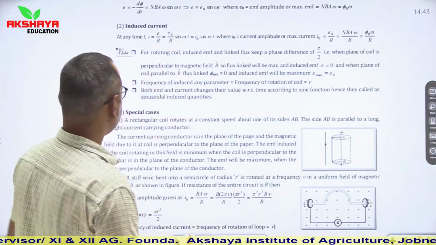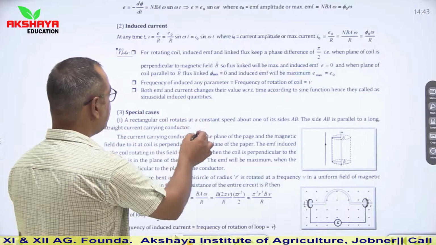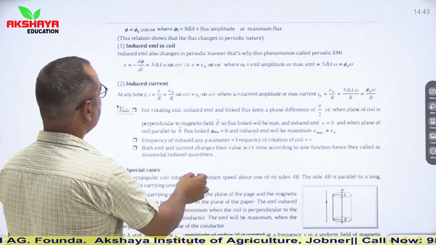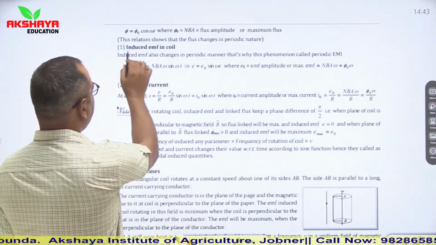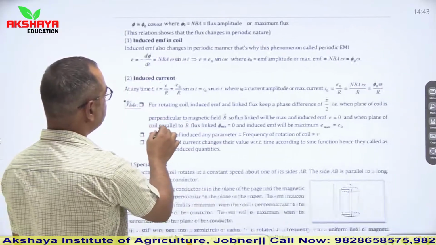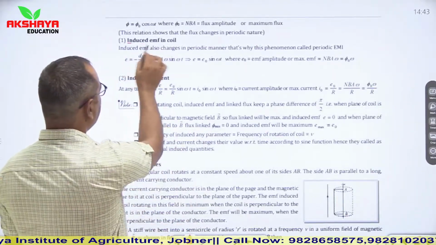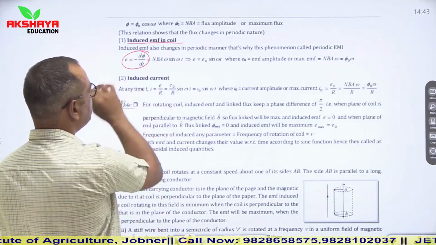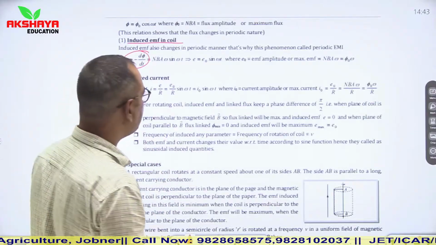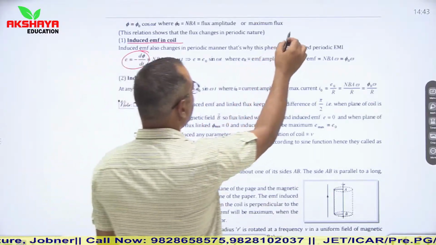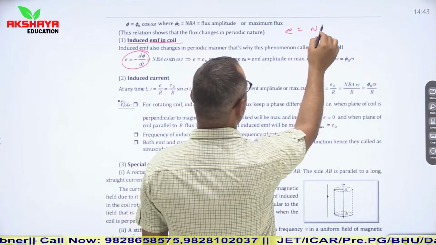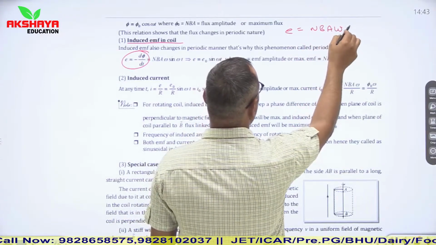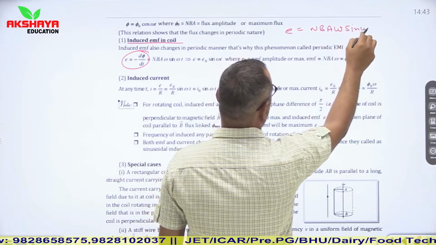Now if we have to calculate induced EMF, then it can be calculated by using the relation E is equal to minus d phi upon dt. So in this case, induced EMF will be E is equal to NBA omega sin omega t.